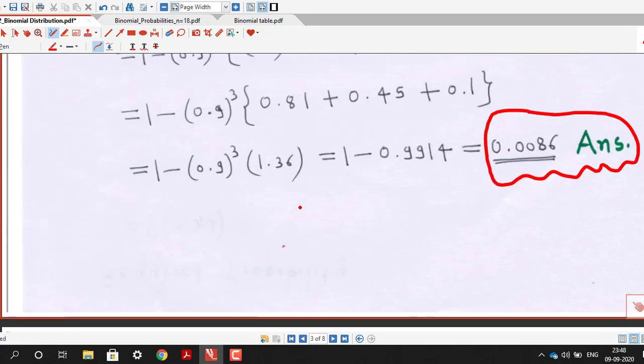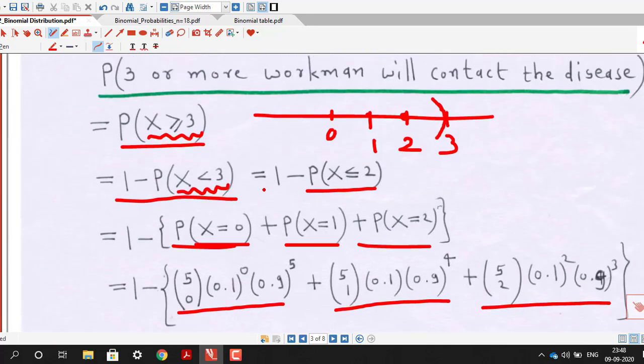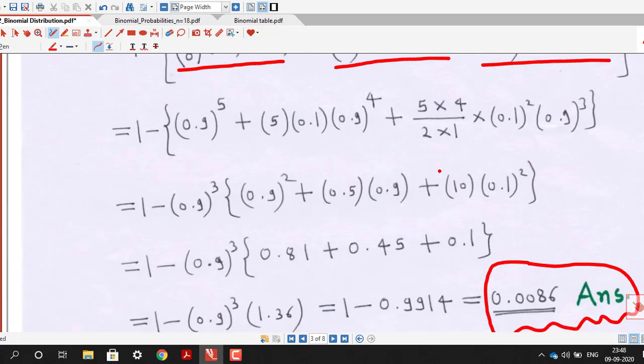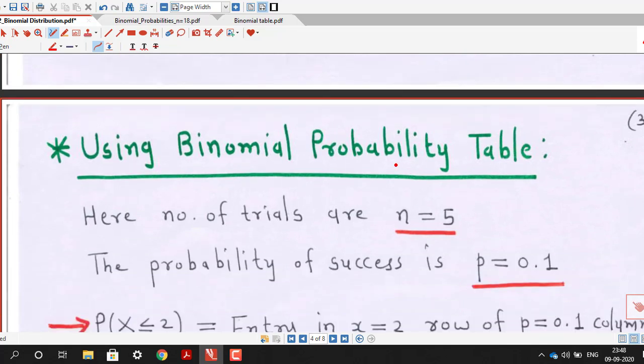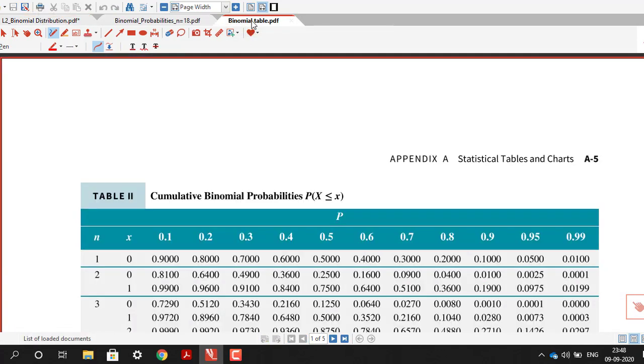Now another way to find out this probability is we can use binomial probability tables, or we can use statistical table for binomial distribution. So let us understand how to use binomial probability table. Now what is the characteristic of this table?